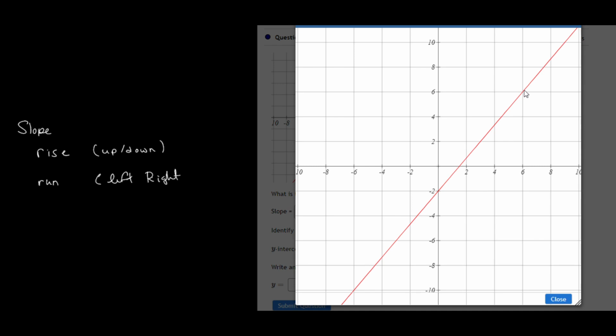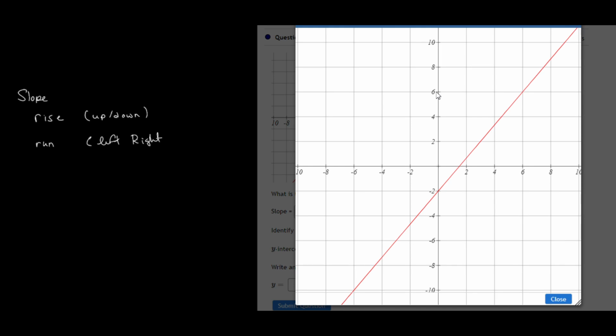Now, if you can try to imagine, I'm going to draw it over here. Unfortunately, I can't draw on my graph. So what I want to make is this idea of a triangle. I want to count how far I'm going from that first point, and that point is 0, -2. This is my intercept.